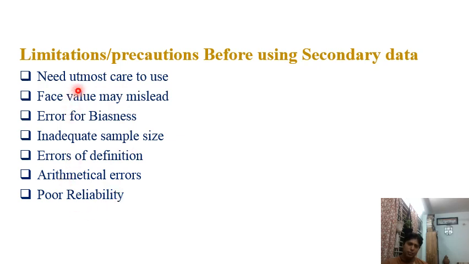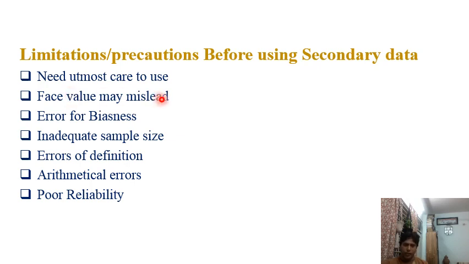We may go through a short elaboration of these limitations. Need utmost care to use. When we use secondary data, we should always give more attention to the reliability of the data and their uses. Face value may mislead. Sometimes well-known organizations may use some data.